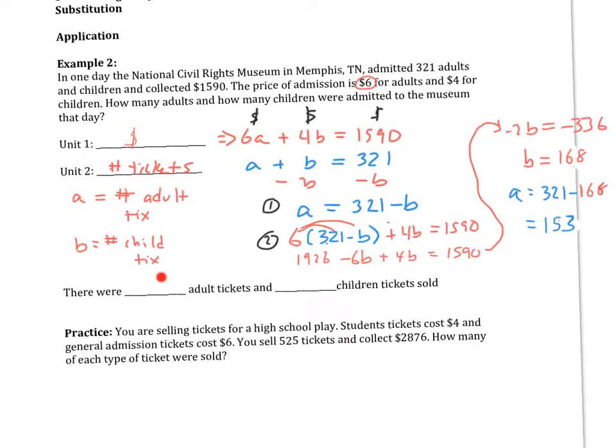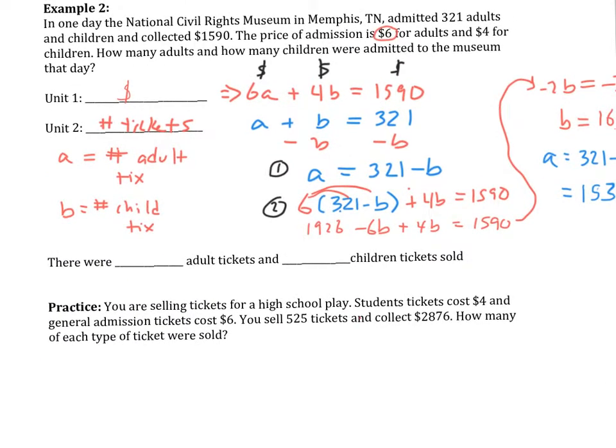So we expect anywhere from 0 adults and 400 kids to 300 adults and 0 kids. But all whole numbers, no negatives there. So I'm saying that I have 153 adult tickets and 168 children tickets.